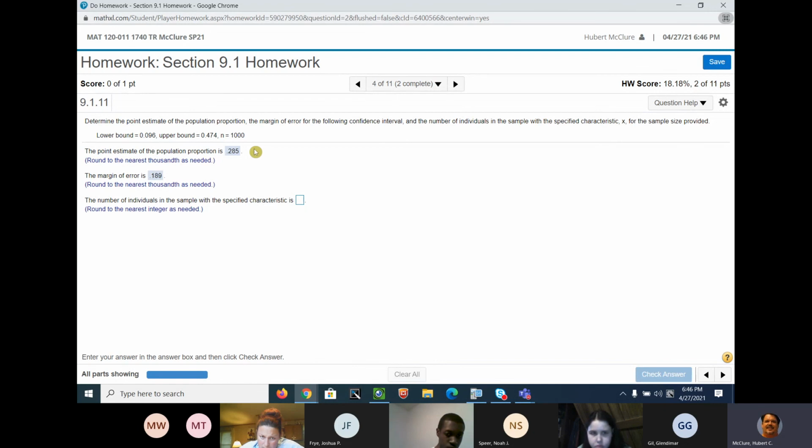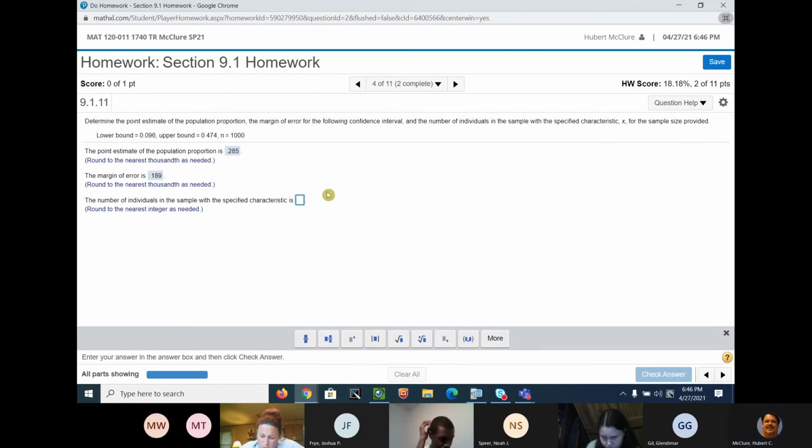So, what was the question though? The number of individuals in the sample with the specified characteristic is p hat times n. And since n is 1,000, you move the decimal place 3 places to the right, and that's 285.